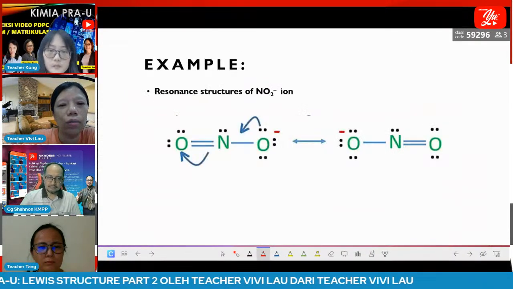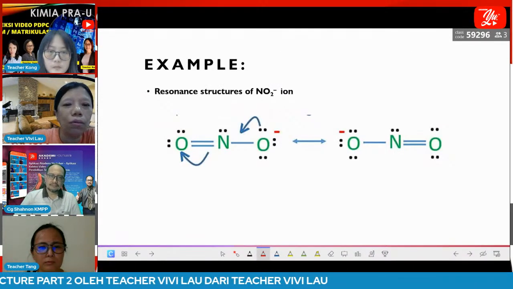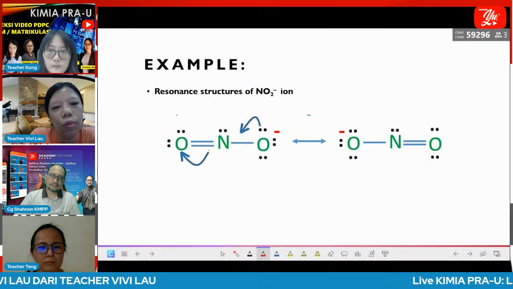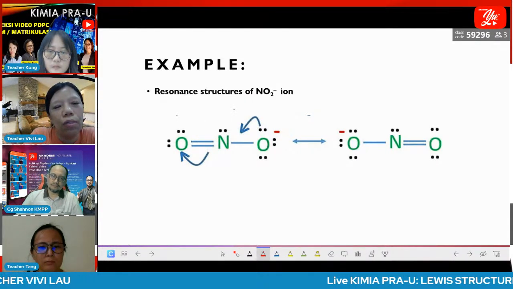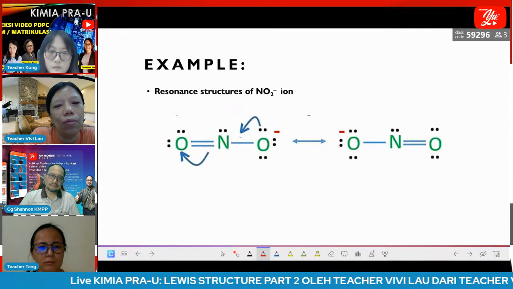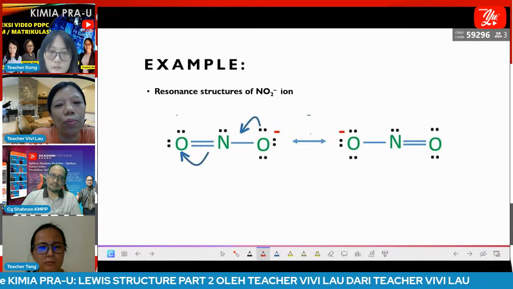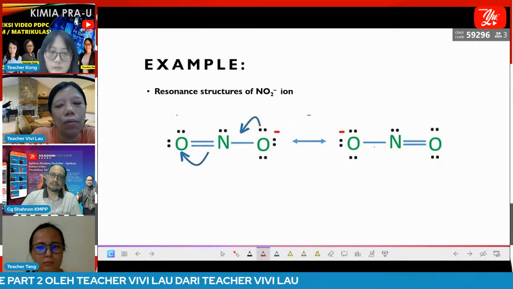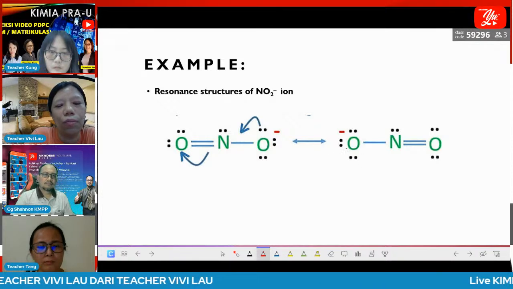Okay, so we look at this one. You can see the lone pair can shift, and the bonding pair can also shift. So an example is the resonance structure of the NO2 negative ion. The lone pair electrons can shift inside here, from the double bond. Then the double bond here, the electrons can shift to the oxygen atom here.